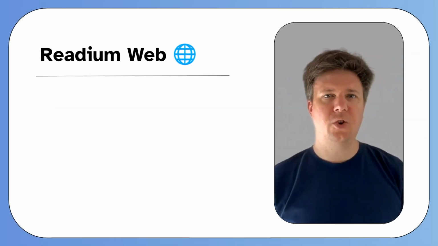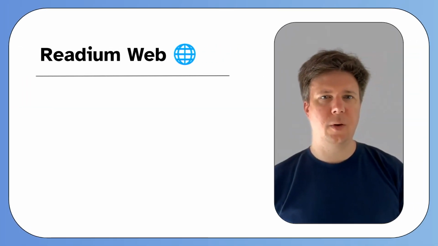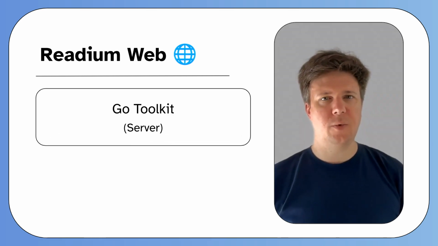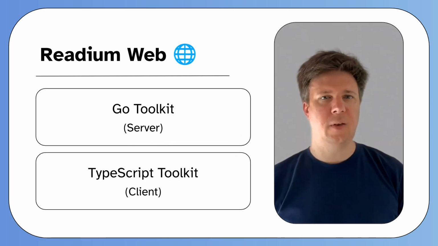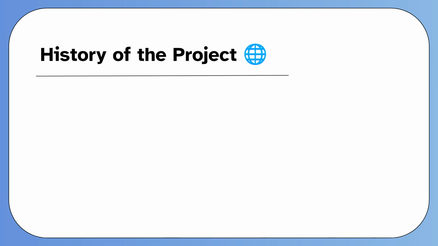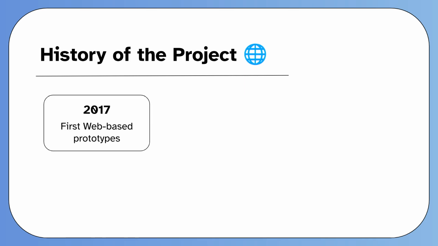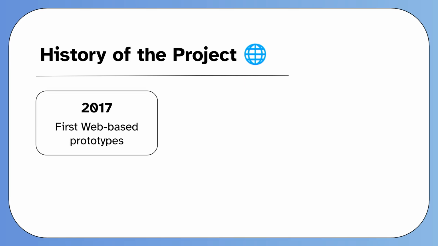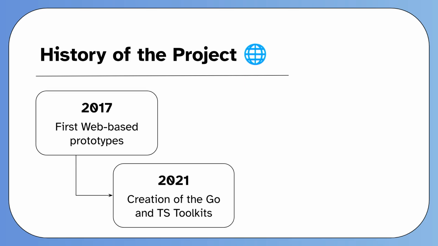Radium Web is the project name that we use for two complementary toolkits. We have the Go toolkit, and there's also the TypeScript toolkit, also known as TS toolkit. When we first started working on what we called the Radium architecture back in 2017, the very first prototypes were actually web-based. In 2021, we started porting code from the Radium mobile project to the web platform, starting with the Go toolkit and then with the TypeScript one.